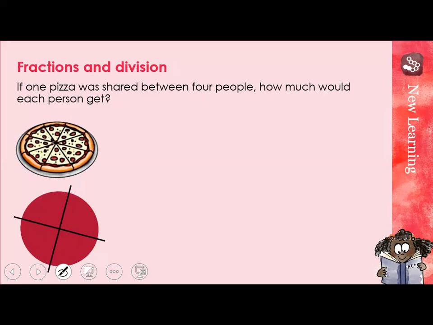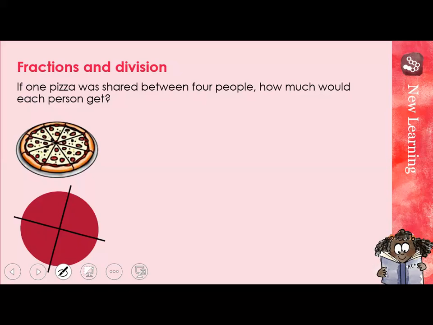Sometimes in life we will express fractions and divisions in a similar way. Now, fractions can be thought of as a type of division. Let's have a look at what I mean by that. Okay, let's use our classic example of pizzas.